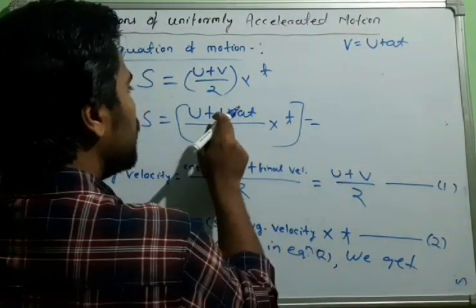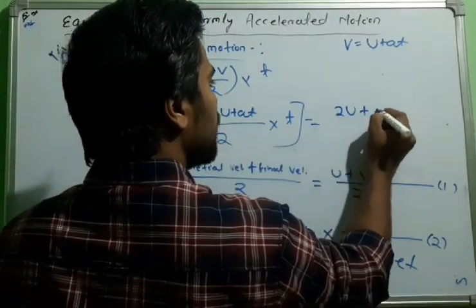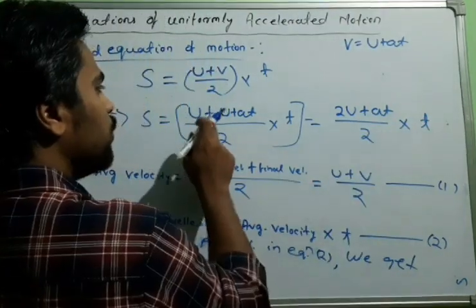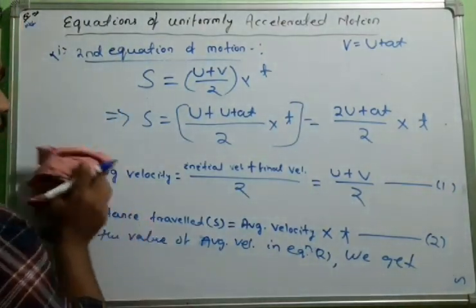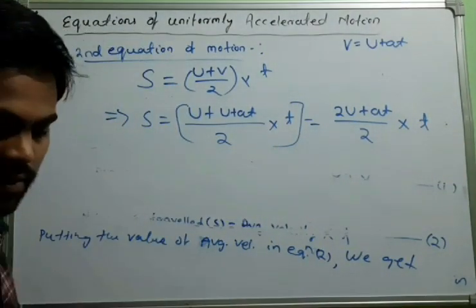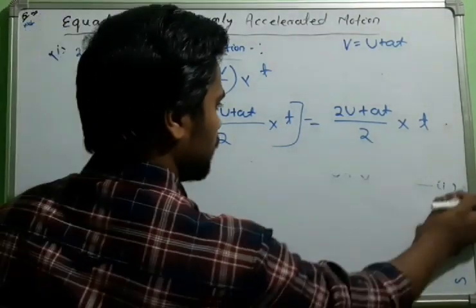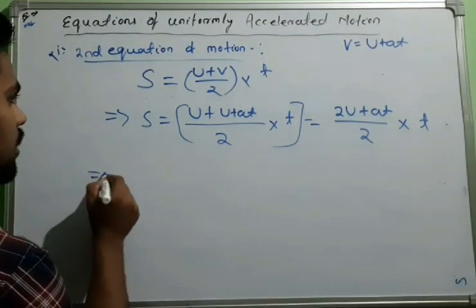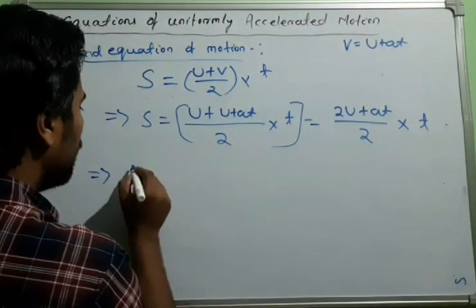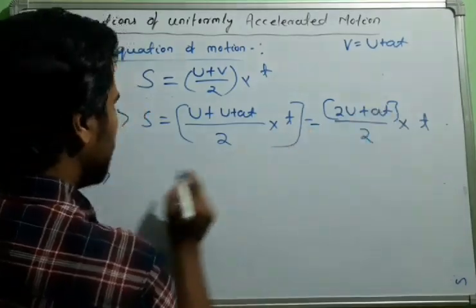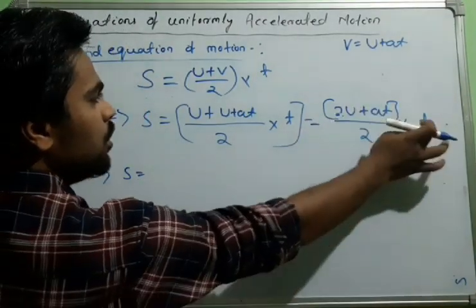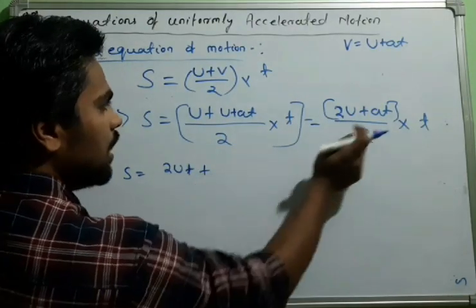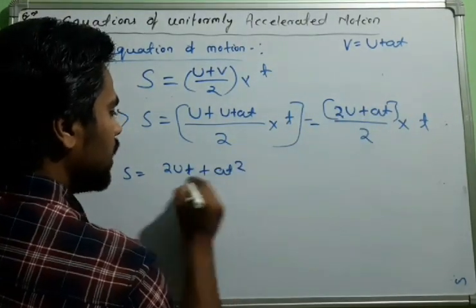Now this one, u plus u, 2u plus at, divided by 2, into t. Clear? u plus u, 2u. Now multiplying this one, S is equal to 2u into t, that is 2ut, plus at into t, at square, divided by 2.